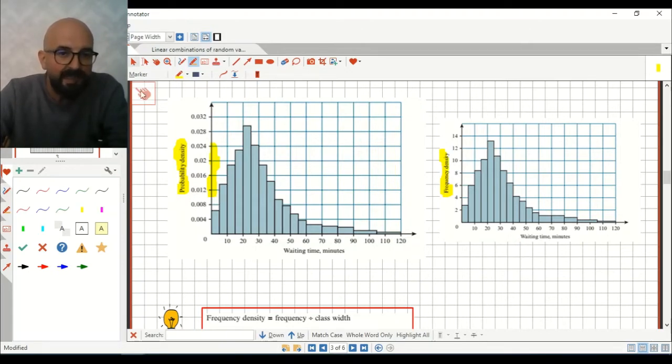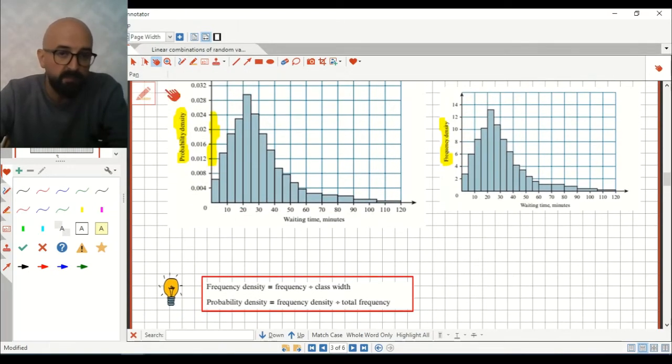Please remember from the Statistics 1 course, we could find probability density as frequency density over total frequency, or the sum of the frequencies.